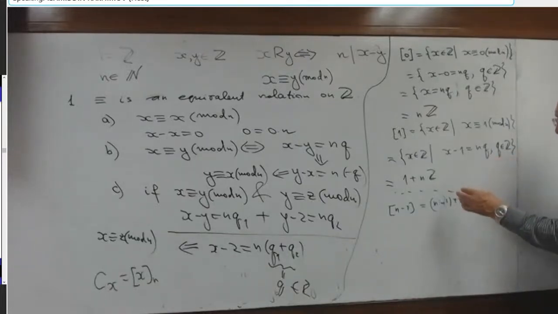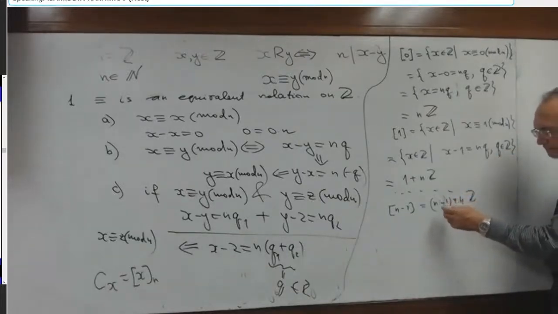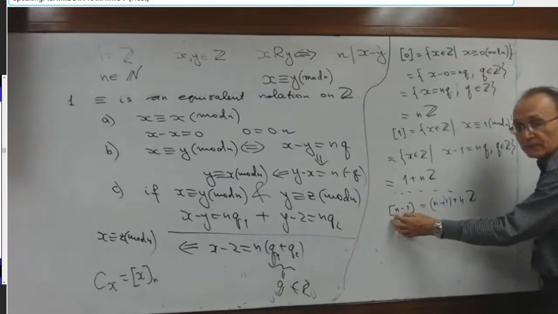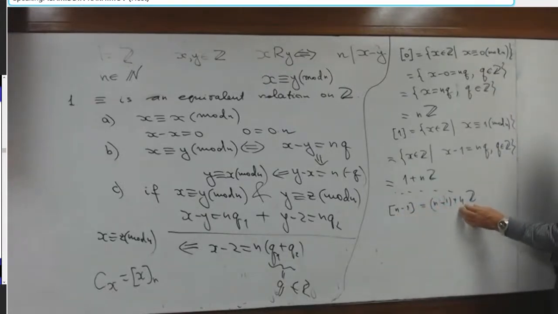So what does this mean? These are numbers which, dividing by N, you will get remainder N minus 1.